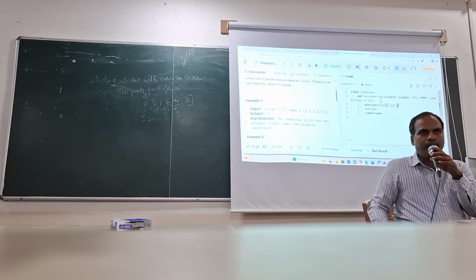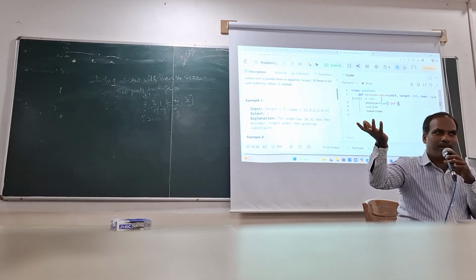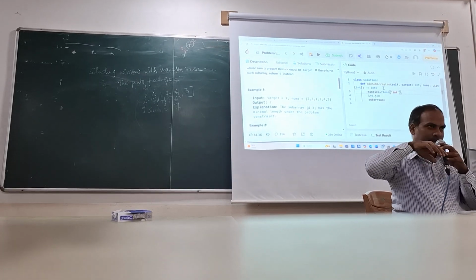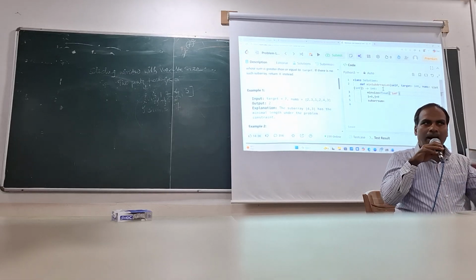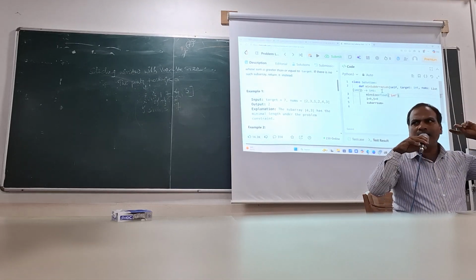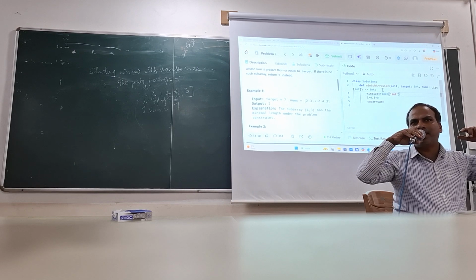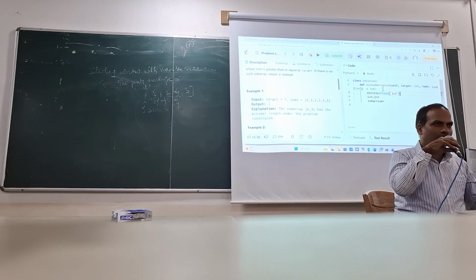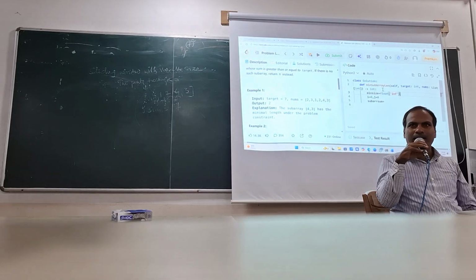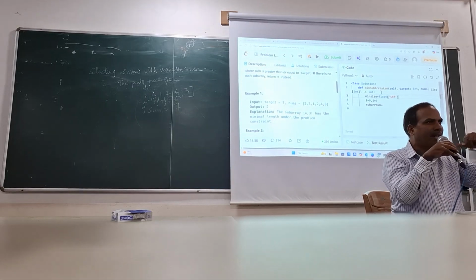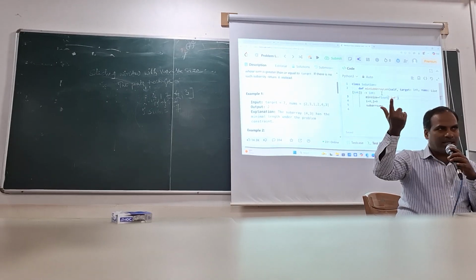So initially I am assuming that my min size is maximum, because I want to compare that with the current size, and whichever is minimum I pick up. You can take 0 also, but that's the minimum, so you always get 0. That's why I am storing maximum.